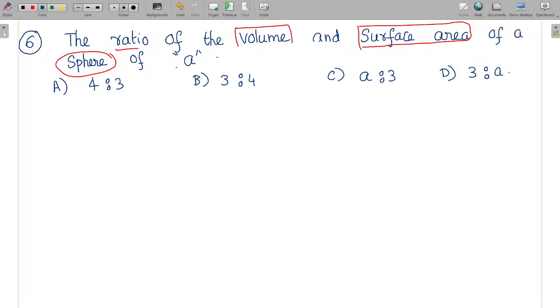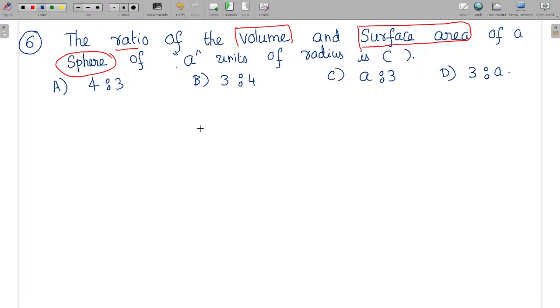A units of radius is. So this is the question. That means you are asked to find out the ratio of the volume and surface area of a sphere of A units of radius. That we need to find out.